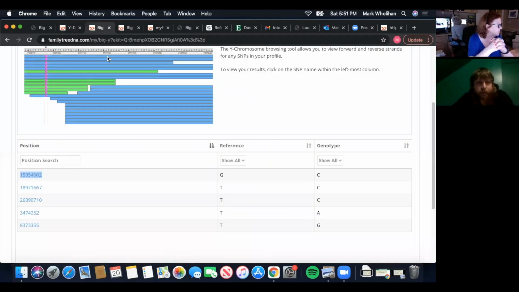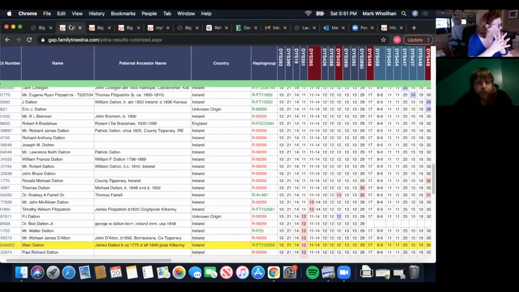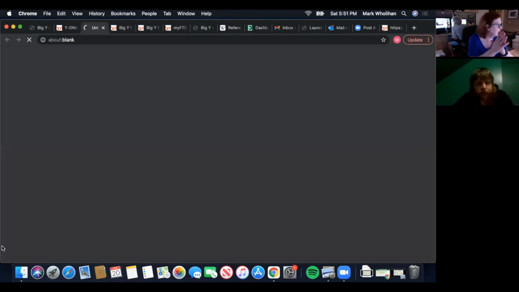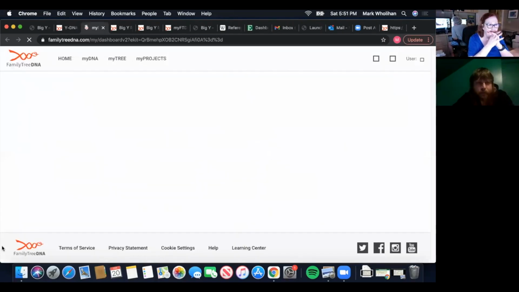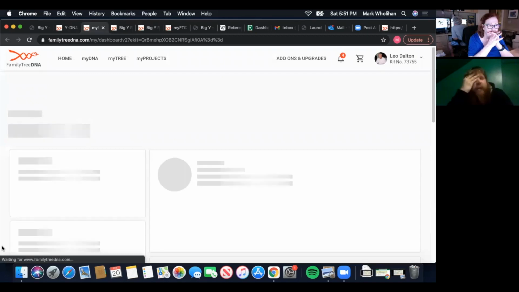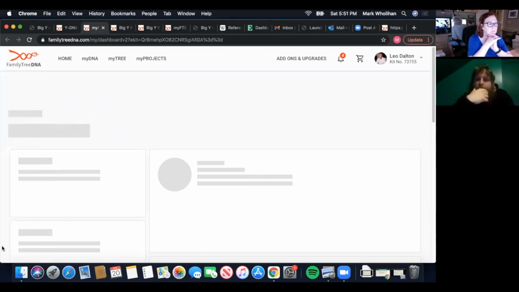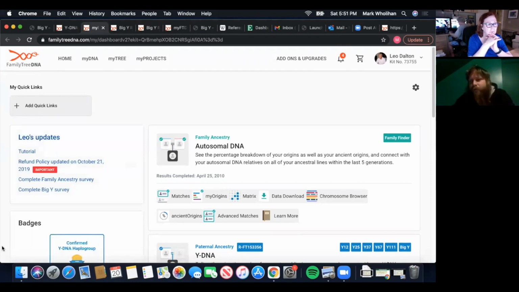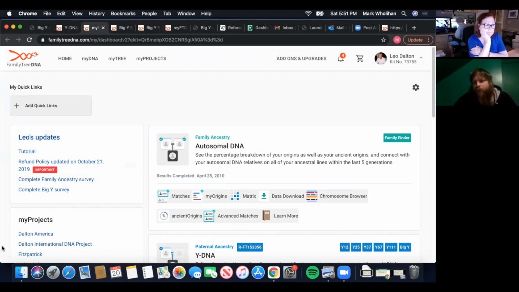Family Tree DNA promises a certain amount of extra short tandem repeats when they do the Big Y. I don't remember the number exactly, like 550, or maybe it's more, like 600 or 650.